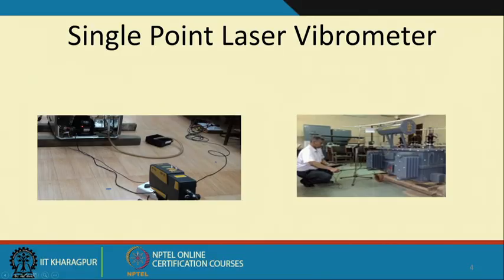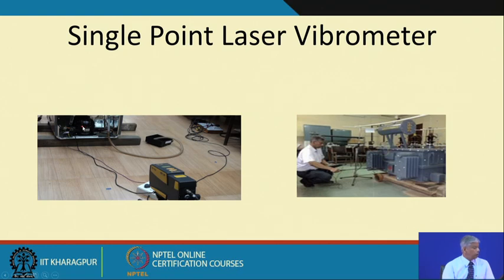So, you see this is a single point laser which is being used to measure the vibration of the compressor of a refrigerator. Because of its operation there will be a lot of heat generation. Many of you would have felt in your domestic refrigerators that the compressor shell is very hot and it is not desirable to touch it. Of course, today we have charge accelerometers which can be put on such compressors, but this being a light shell structure, the accelerometer may load the structure.